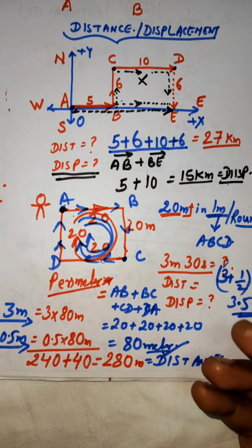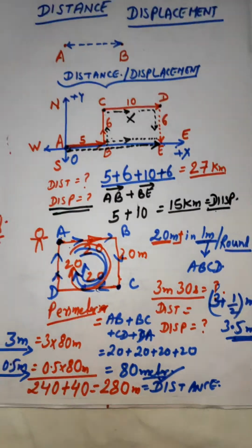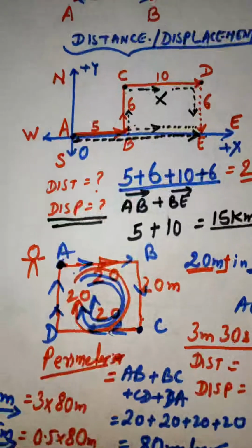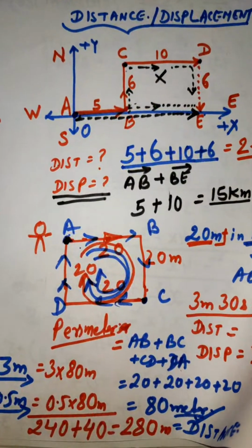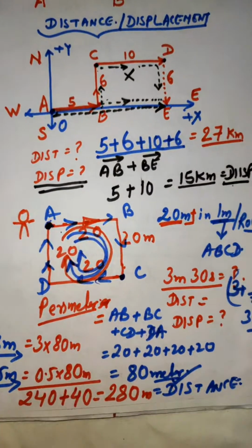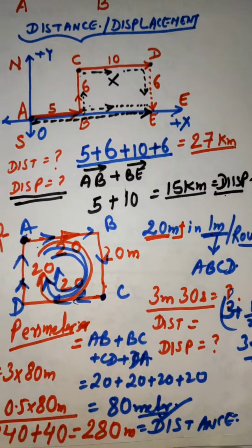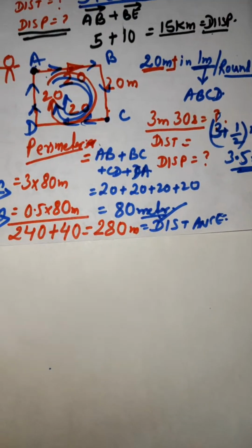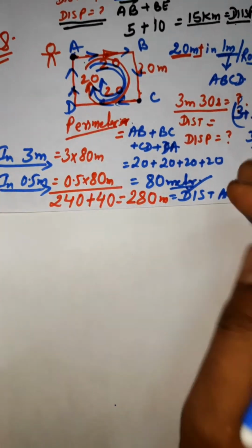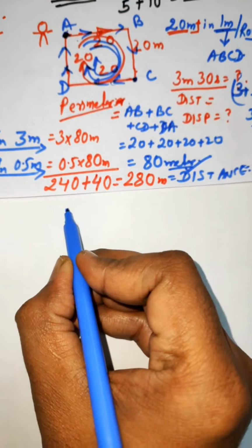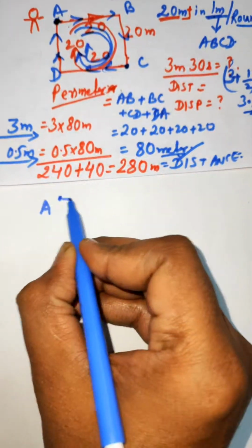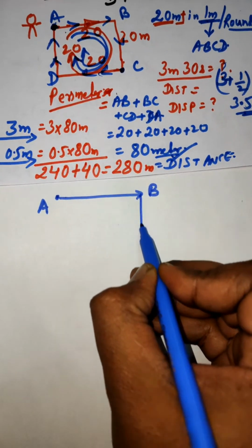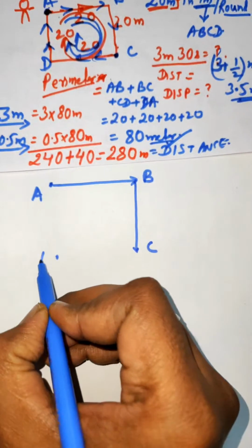Now what is the displacement we need to calculate, right? Just, actually this page is filled up, let me change the page. Okay, 1 minute, just a minute. So here we have seen that the person started from A and reached B, then C, then D, right?